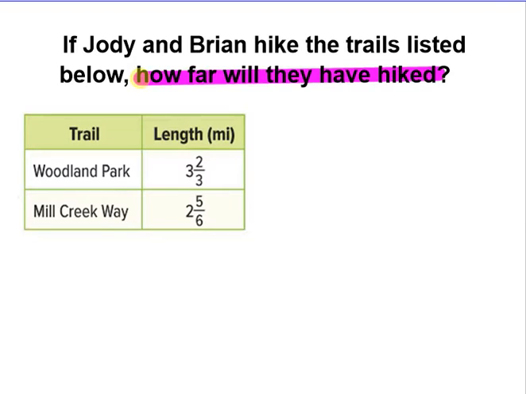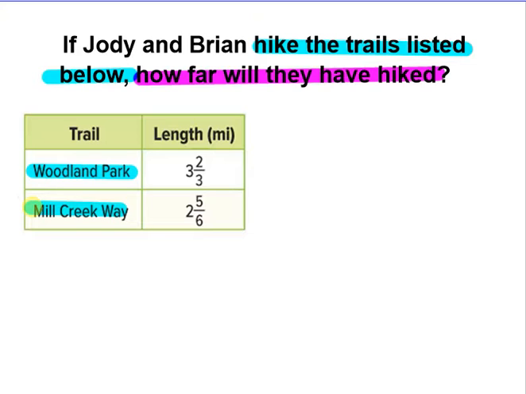Okay, now what is the word that's indicating my operation? Well, if Jody and Brian hiked the trails listed below, there's no real key word here except hiked the trails listed below. And so I see 2 trails listed below here.